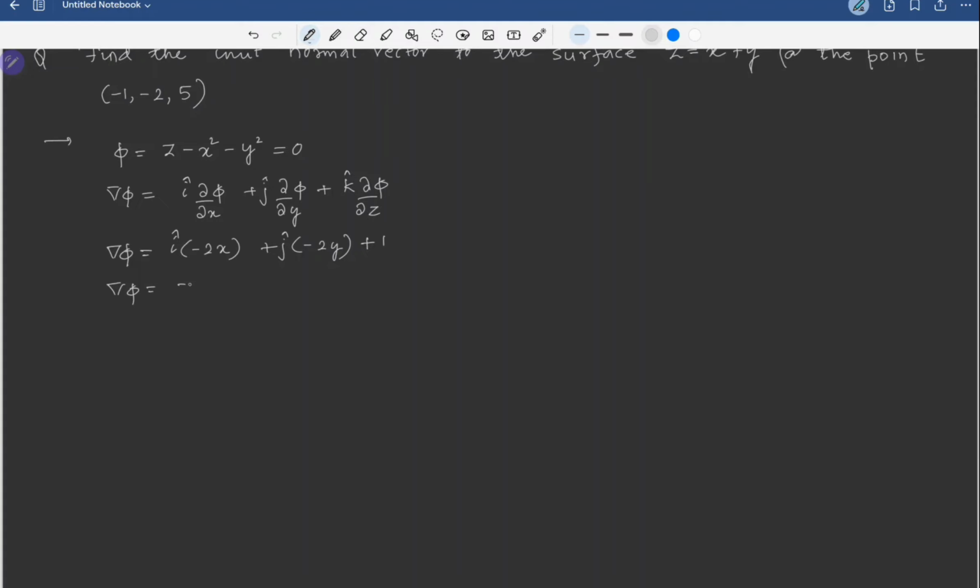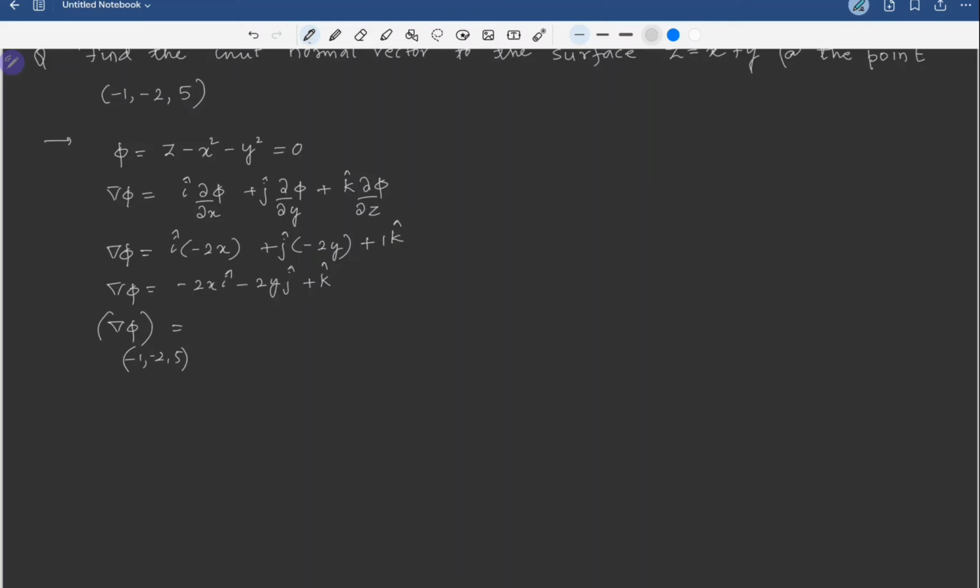Now if we simplify it, we get -2x i cap minus 2y j cap, sorry, there is a k cap here, plus k cap at the point P, that is (-1, -2, 5).